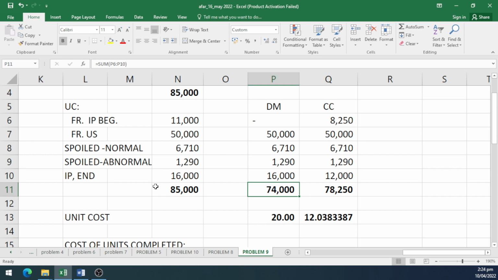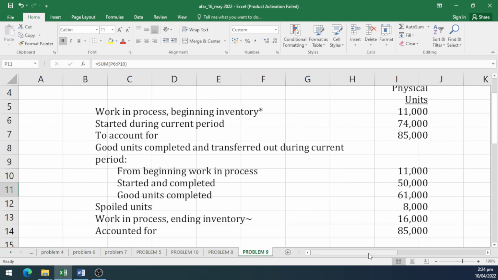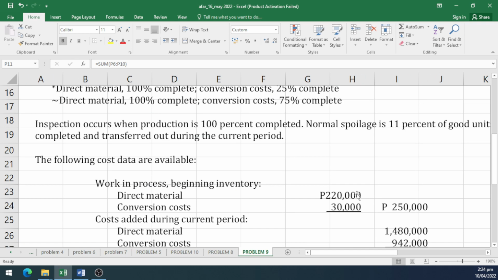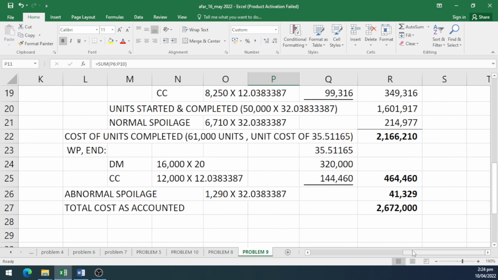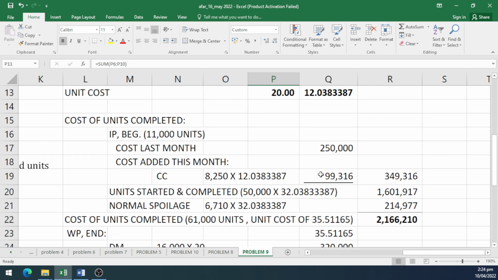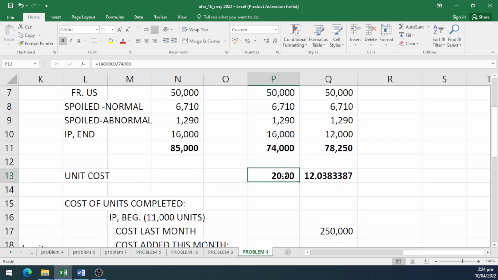I won't write it there. We take only the cost during the current period in computing the unit cost, which are 1,480,000 and 942,000. So this 20 pesos is the materials cost incurred during the month, 1,480,000, divided by the EUP of 74,000.